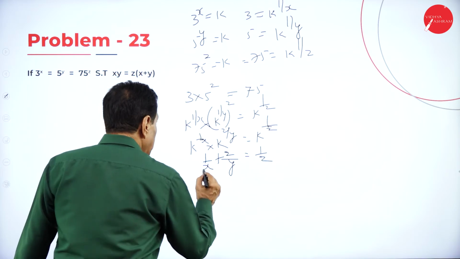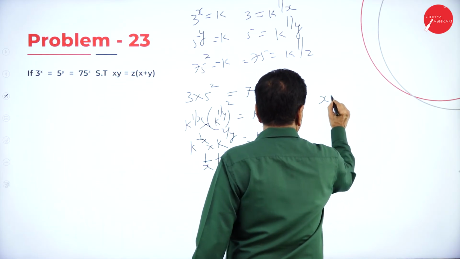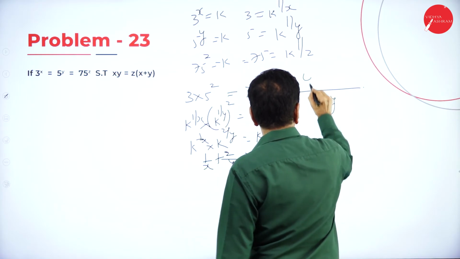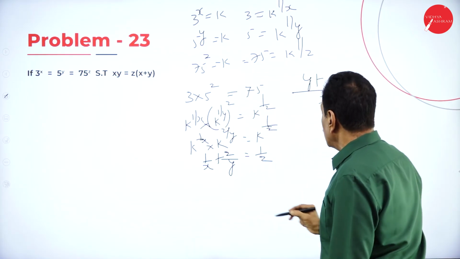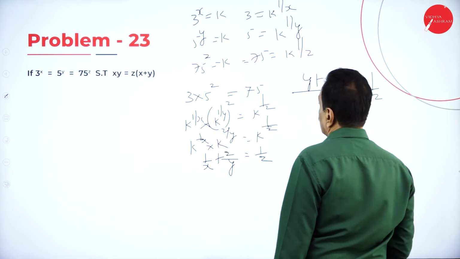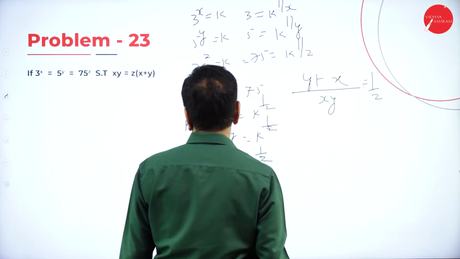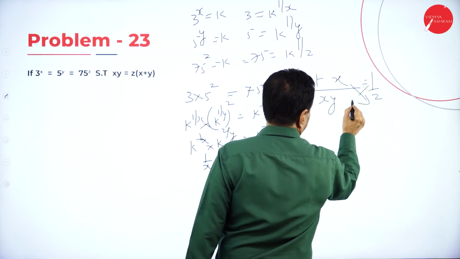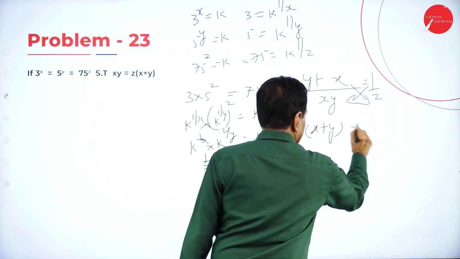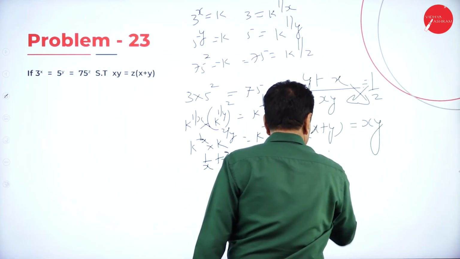If we take xy as common, then x gone, y is there, y gone, x is there, is equal to 1 over z. Cross multiply: z into x plus y is equal to xy. Proved.